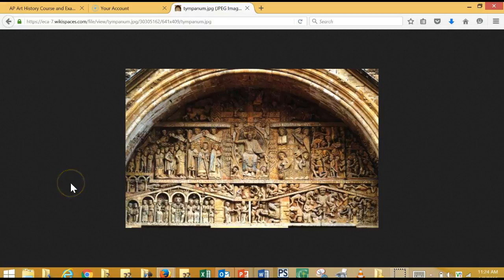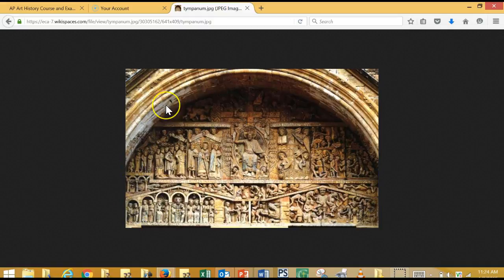This is a Last Judgment scene that we looked at during our study on the Romanesque period. This is where we had this explosion of church architecture, and churches were being built, and people were taking pilgrimages to these churches. And above the entryway or the portal to these churches, usually there was some sort of apocalyptic scene being depicted.